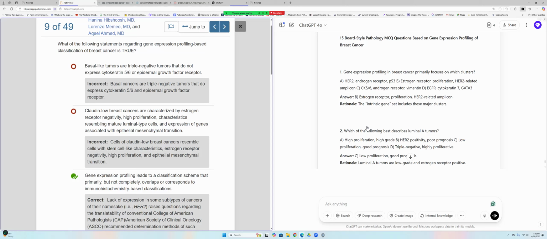The gene expression profiling is based on what form of axis? HER2 related amplification, estrogen receptor, proliferation, that's Ki67. Yes, but let's see if we can explore this more.